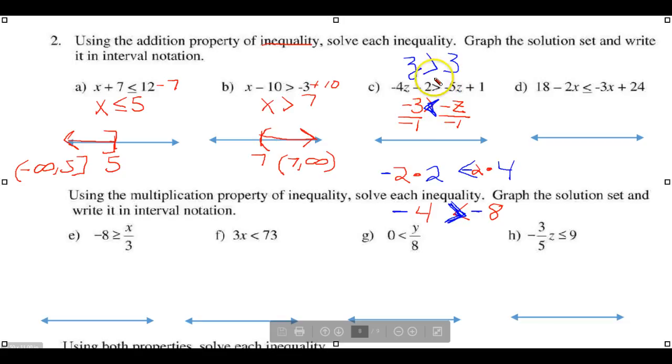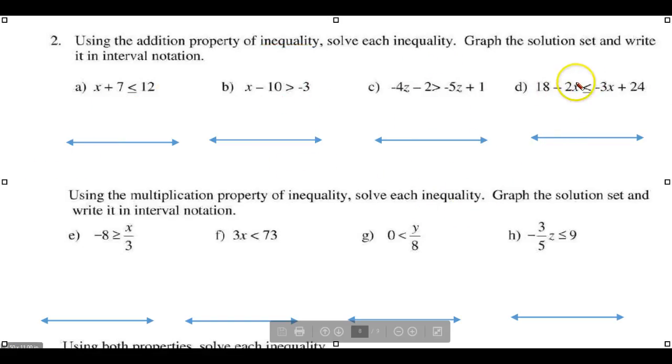Okay? Now, did I do that? 3. Z is, I wrote it this way now. Okay, so this is going to be 3, parenthesis here, this way. And interval notation, parenthesis 3, comma, infinity. Now let's clear this up so we don't get too distracted.